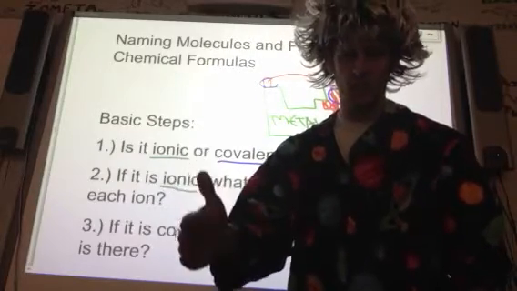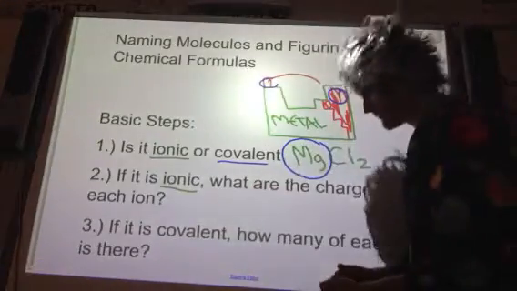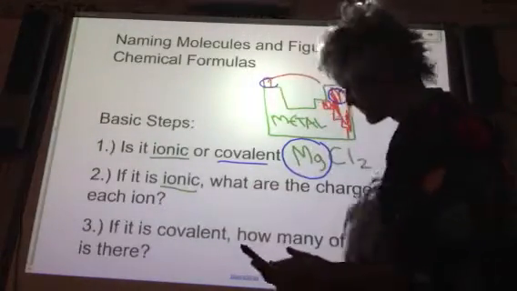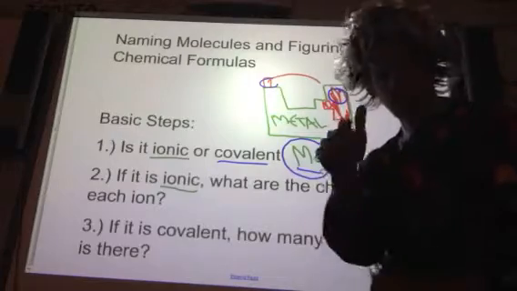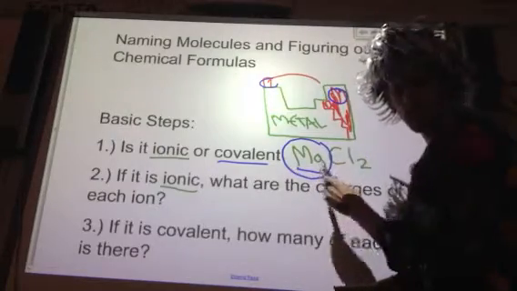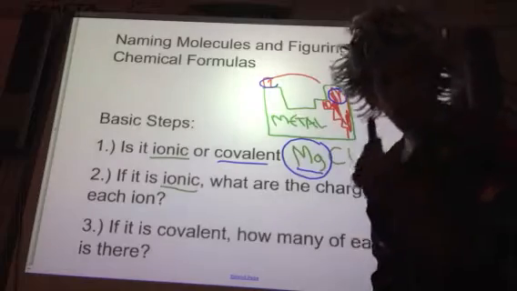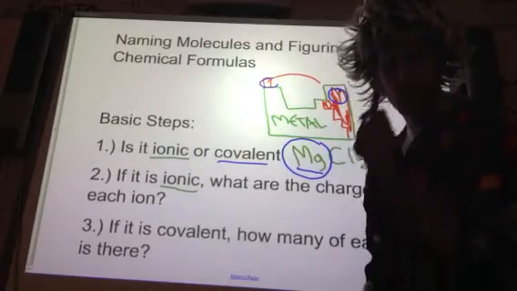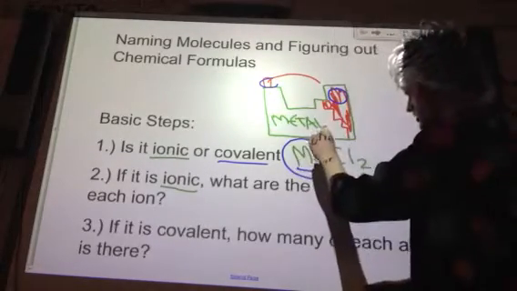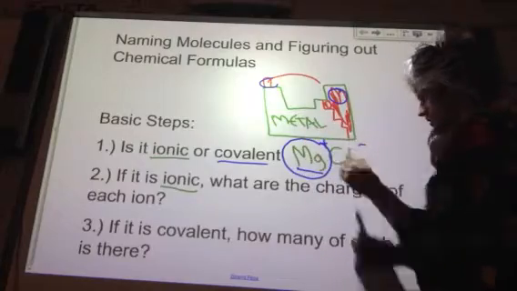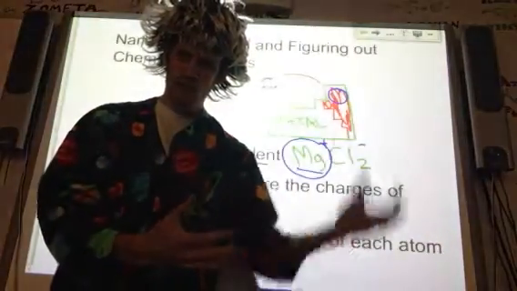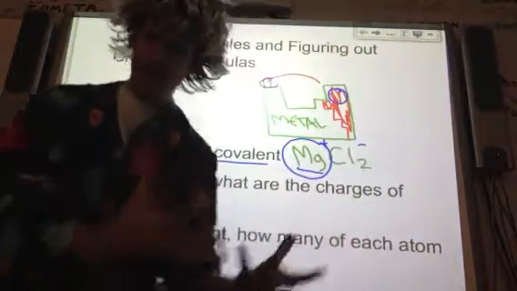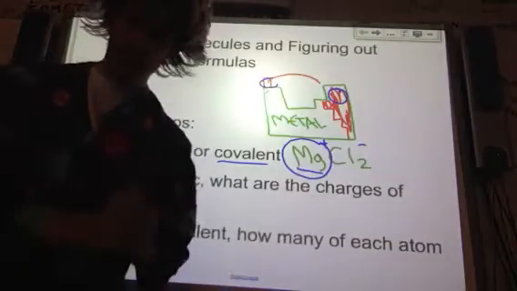Remember that. Mg. I'll explain why. Mg is a metal. Metals are always positive, and non-metals are always negative. You always want to be positive first, right? Have the negative stuff be later.